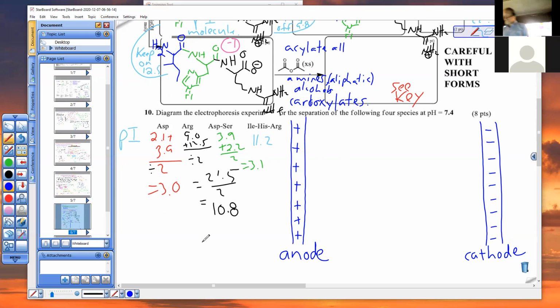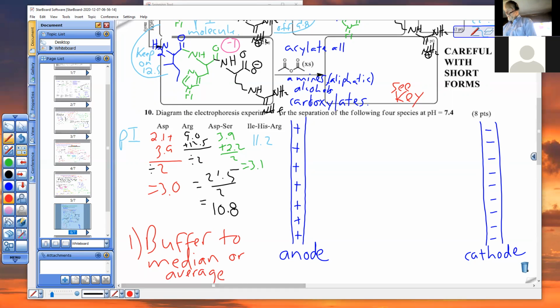We'll make it 7.1 to make it interesting. So step 1, buffer to pH 7.1. Median or average pH.